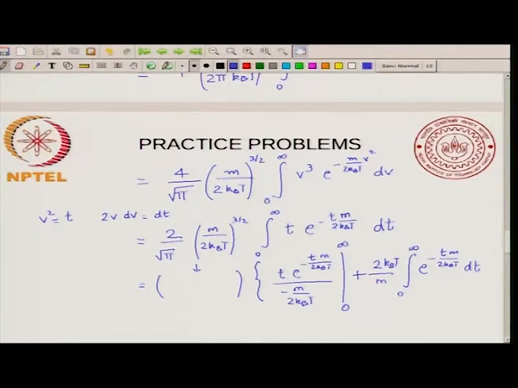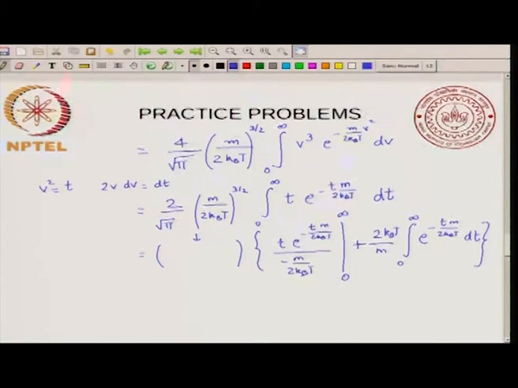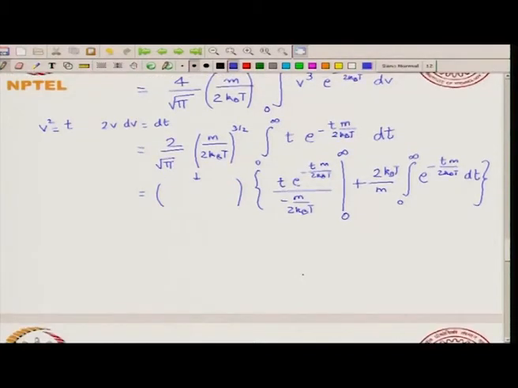So, these are the two terms you have, and instantly you realize that when t equals infinity, e to the minus infinity goes to 0 much faster than t goes to infinity. So, this product goes to 0 at infinity, and it goes to 0 when t equals 0.